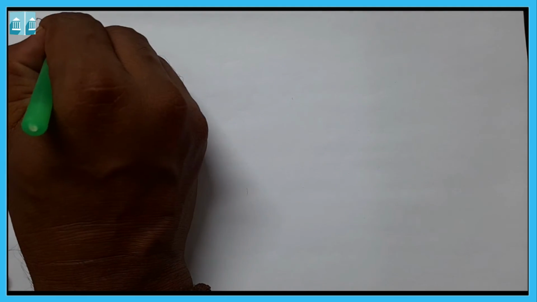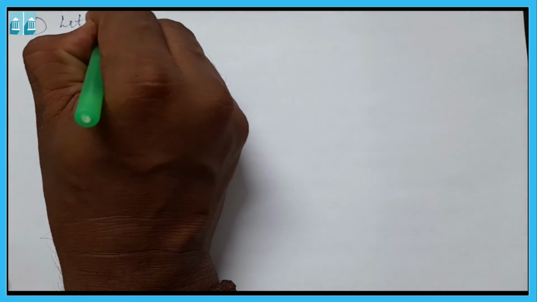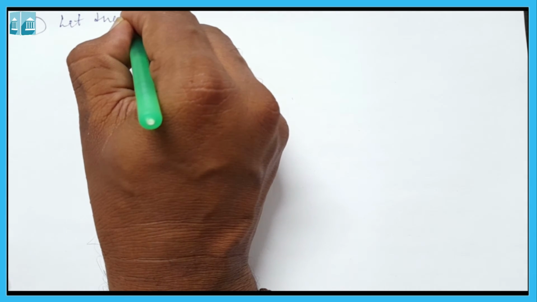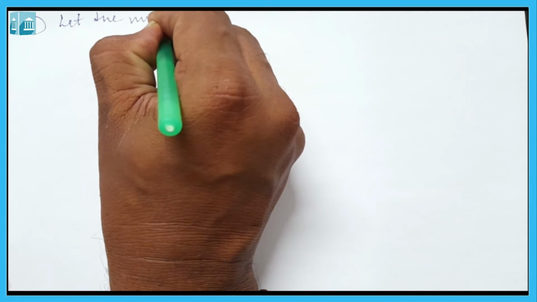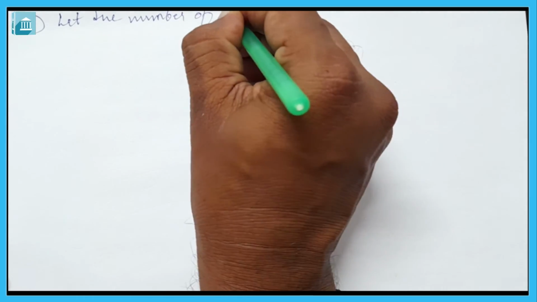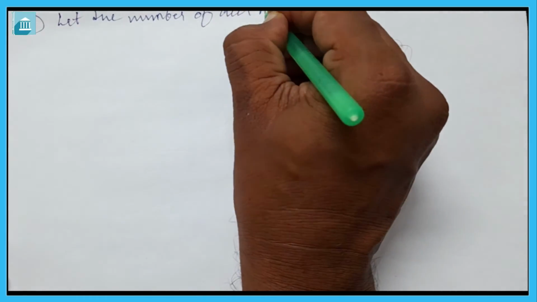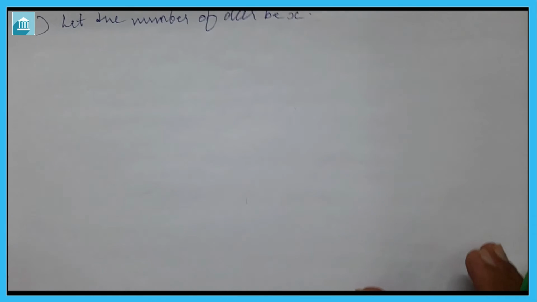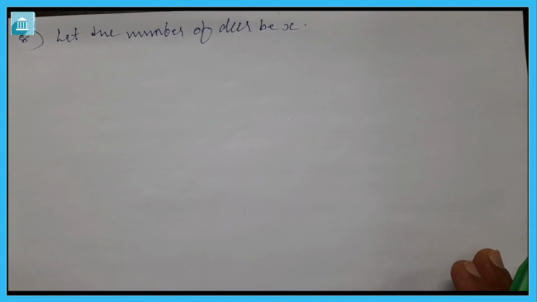We don't know the number of deer, so first we will let the number of deer be x. Now it is given that half of the deer are grazing in the field.